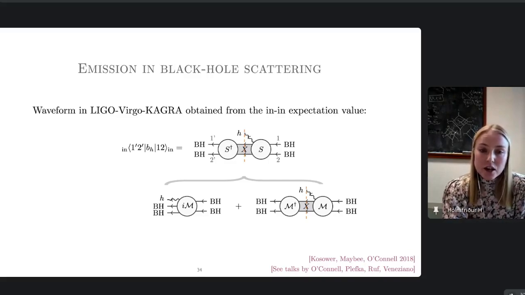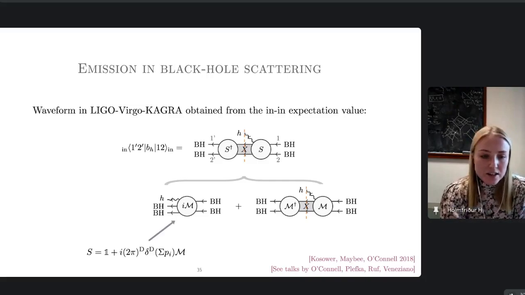But anyway, now we can write this out using that the S matrix is 1 plus i times the delta function times the matrix element n. And as we expand out these two terms, we actually get two contributions to the waveform. This is just our choice of expansion, and this is still non-perturbative and everything.